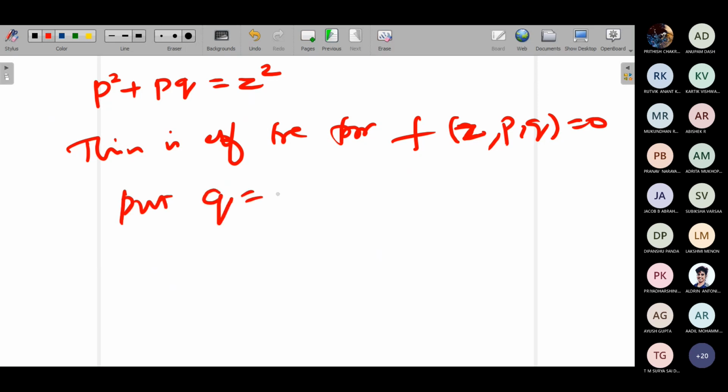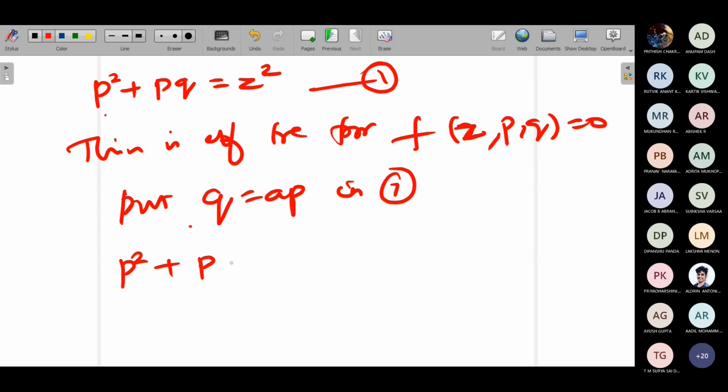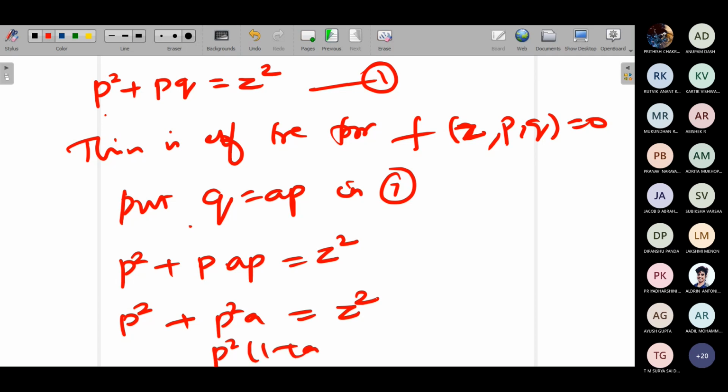Put q equals ap in 1. When you substitute q equals ap, you will get p square plus p into ap equals z square. So p square plus p square a equals z square. You can rewrite this as p square into 1 plus a equals z square.